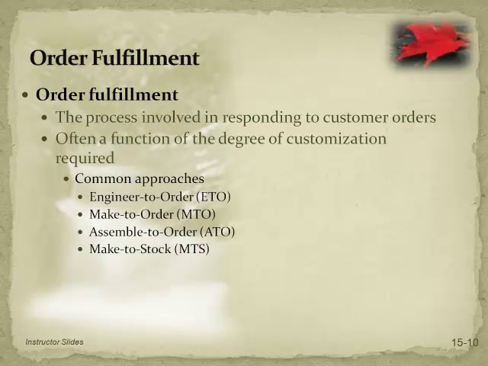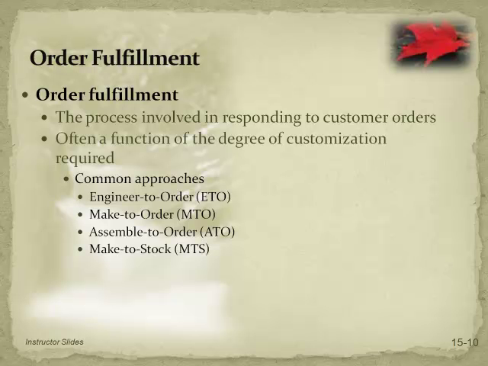Fulfilling orders. So if we fulfill our orders, what is the process by which we do that? The ways that we can do that are shown in the bottom part of the slide. There's typically 4 ways. We'll start with the last bullet on the slide, a make-to-stock strategy for fulfilling orders.